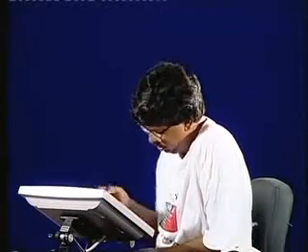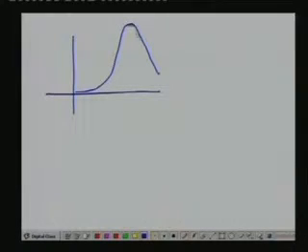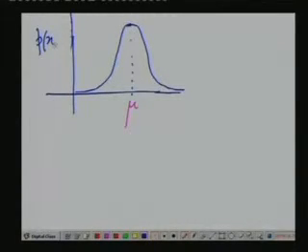So, typically it will be like this. It is actually a bell shaped curve. The peak is occurring at mu. This is Px, this is x.